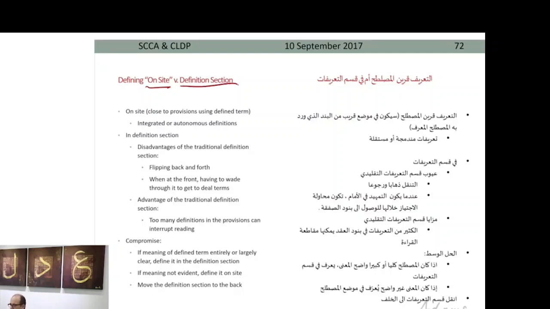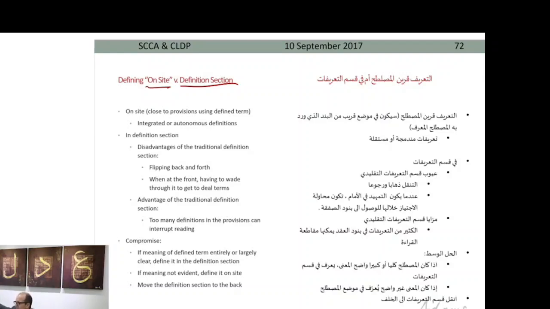Okay. So, in terms of the choice, your choice is whether you define the term on-site or in a definition section. Defining a term on-site means you define it close to the provision that makes the most use of that defined term. Integrated definitions are always on-site because it's in the provision. It's the parentheses that are in the provision. That parenthetical creating the defined term is in the provision, so that's on-site. But you can also have autonomous definitions that are on-site.